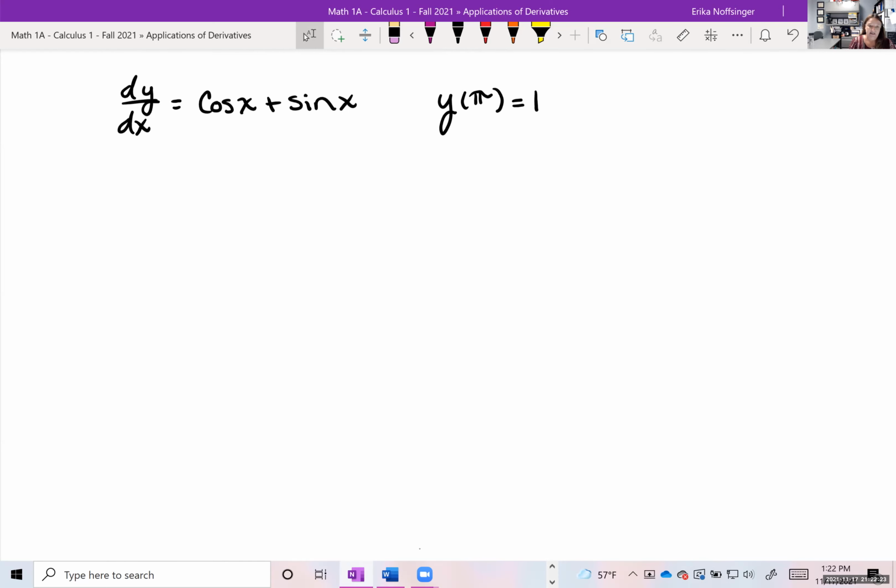So again, we can think of this as the same thing as dy equals cosine x plus sine x dx. And you can integrate both sides.